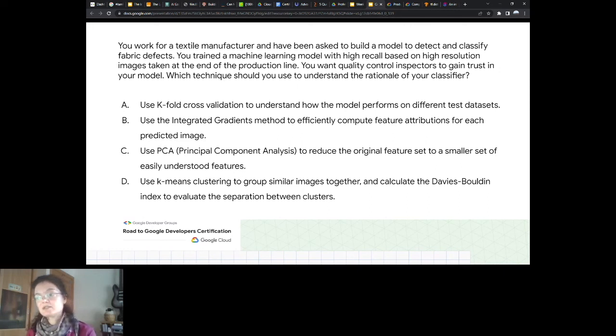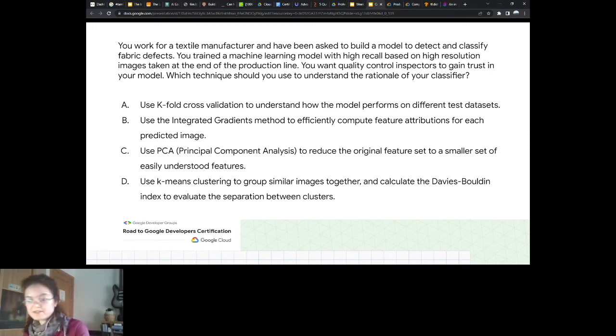C is saying use PCA, principal component analysis, to reduce the feature data set into new, easily understandable features. And finally, k-means clustering to group similar images together and calculate something called the Davies-Bouldin index. I was not aware of that index. I have to look for it. I never used it. I have used clustering before.